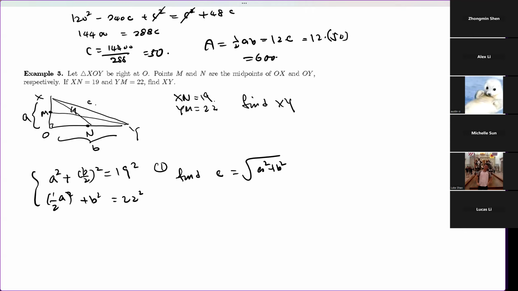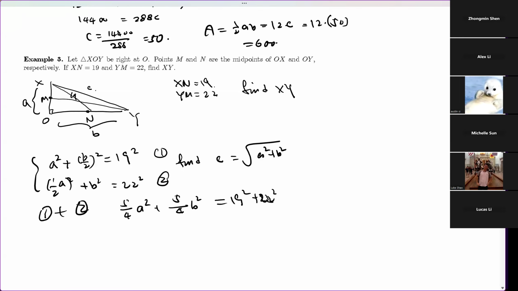This is equation one, equation two. When you add them together, on the left-hand side, 1 plus a quarter is 5 over 4, and this is 5 over 4 b squared. And here, 19 squared plus 22 squared. So finally, I get a squared plus b squared equals 4 over 5 times (19 squared plus 22 squared).